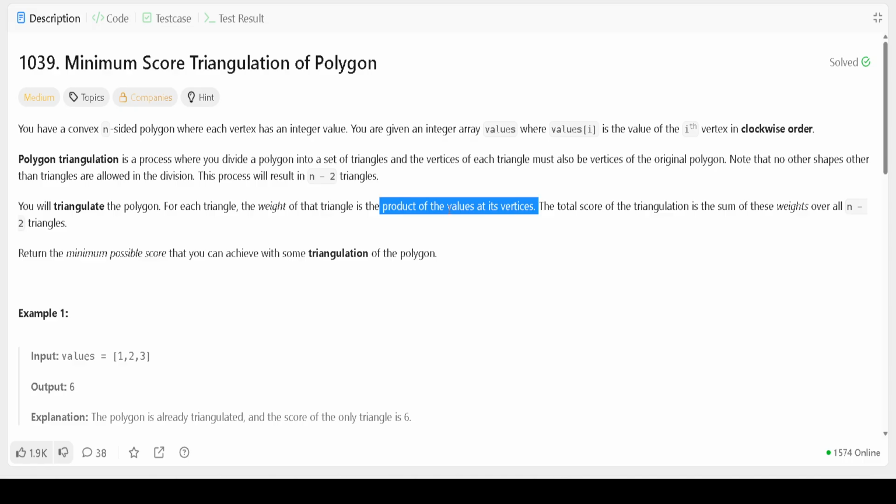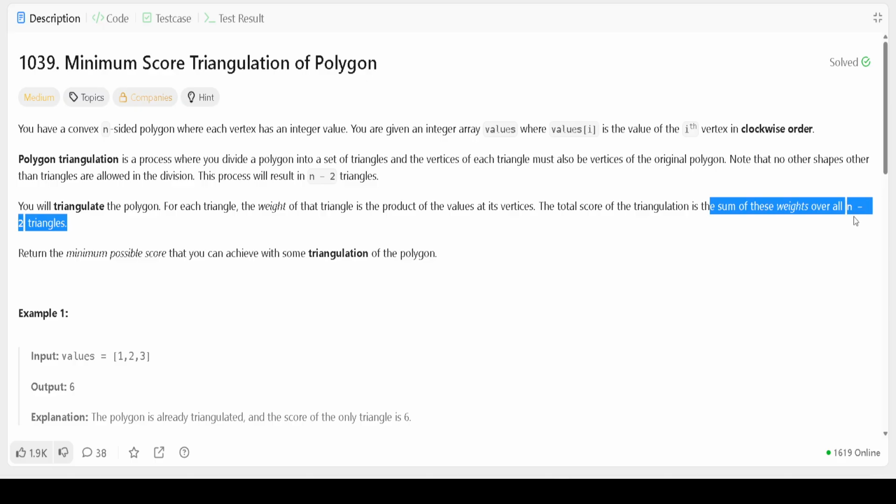The total triangulation score is the sum of all the triangle scores. But we don't just return that; our job is to find the minimum possible score over all triangulations. I hope you understand.